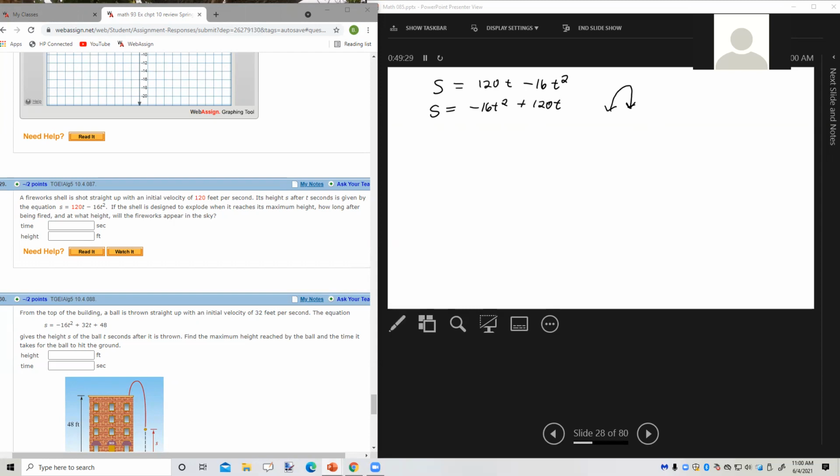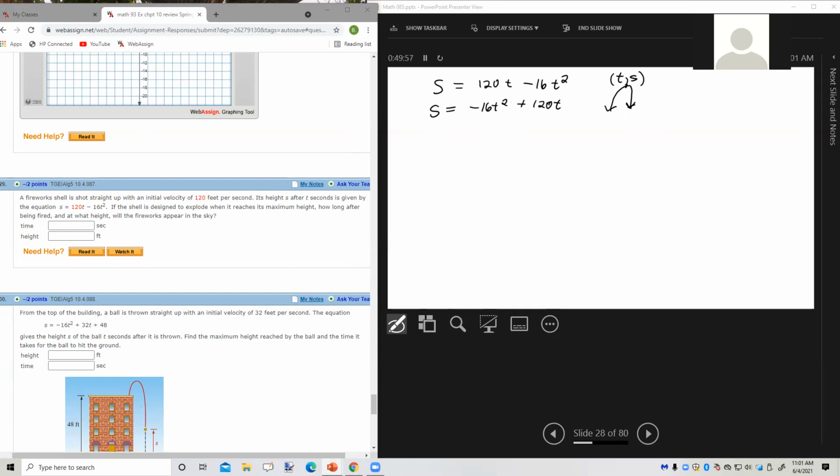We want it to explode at the highest point, which would be up here at the vertex. Time is the input, and height above the ground is the output. So our vertex is going to give us the time at which it reached the maximum height and the maximum height. So we need to find the vertex.